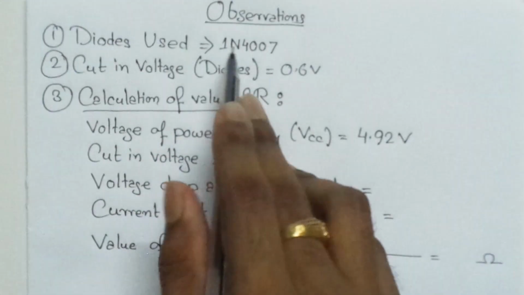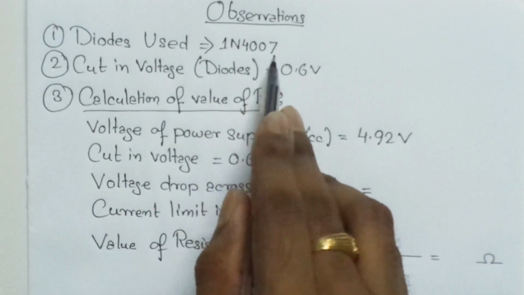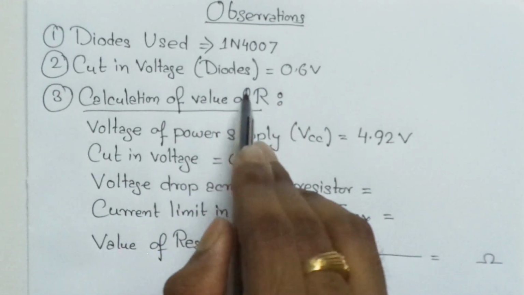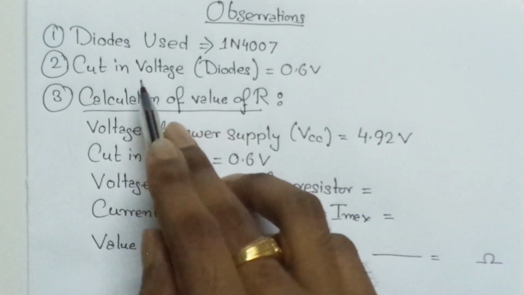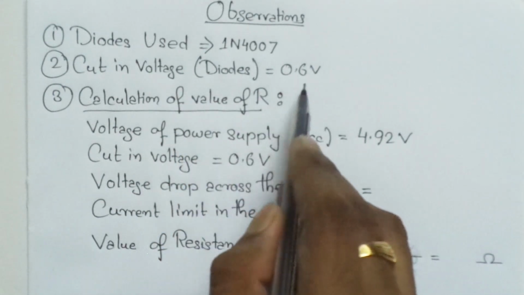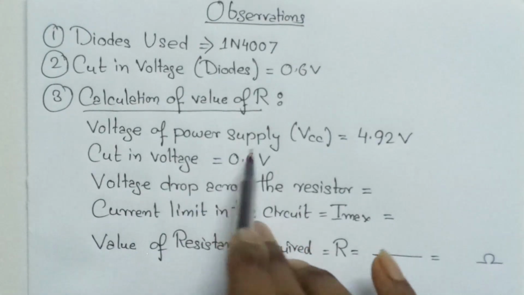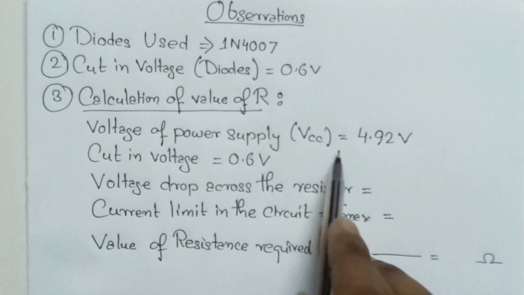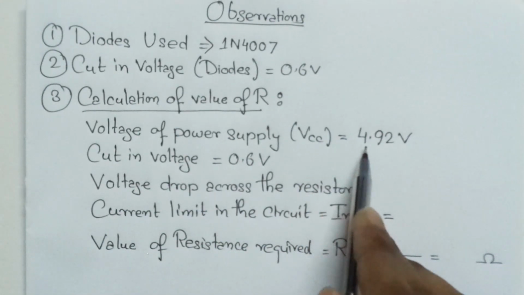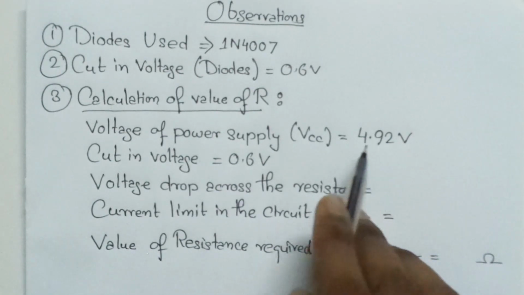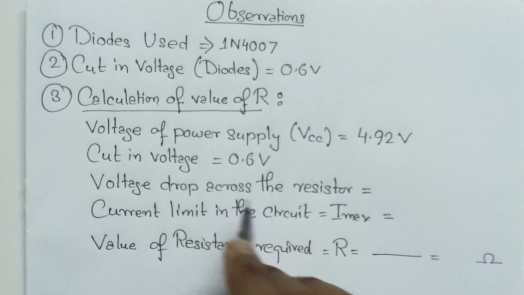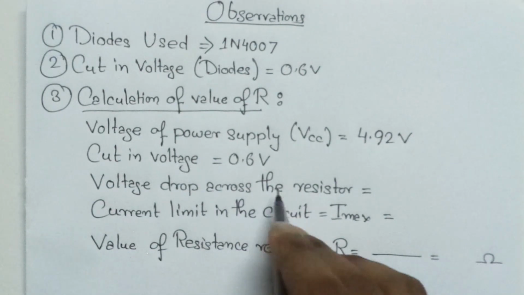The diode we have used is 1N4007, and by seeing the data sheet we can check that the cut-in voltage of the diode is 0.6 volt. Now the power supply voltage VCC that we are using is 4.92 volt and the cut-in voltage is 0.6 volt.